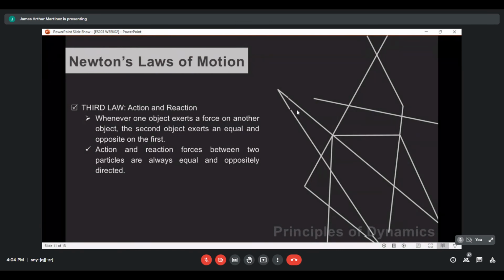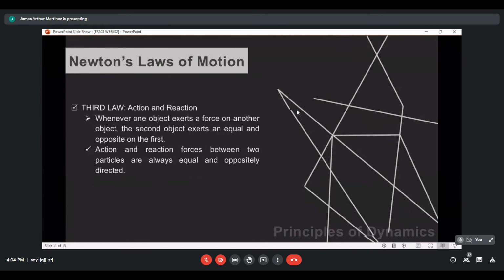So of course, if mag-apply ka og force on a certain particle or body, that body will have the tendency to resist ang force nga imuhang gina-apply. So iya siyang i-resist to the point of equal ang ihang magnitude and opposite ang direction.